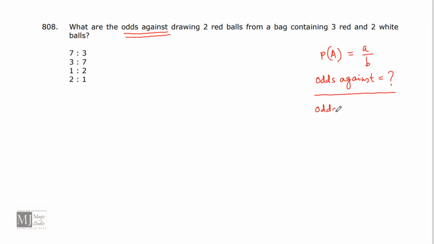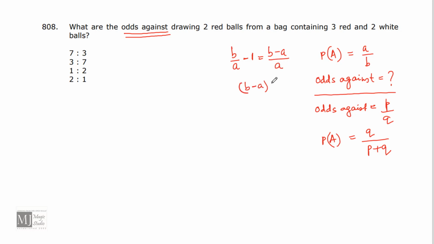If I've given you odds against any particular event is P by Q, then the probability of that particular event to occur is given by, since it is odds against, Q upon P plus Q. Now, can we make out some formula with the help of P(A) is given for odds against? Yes. What you do, just invert this, B by A, deduct 1 from it. That will give you B minus A by A. And then odds against would be B minus A is to A.